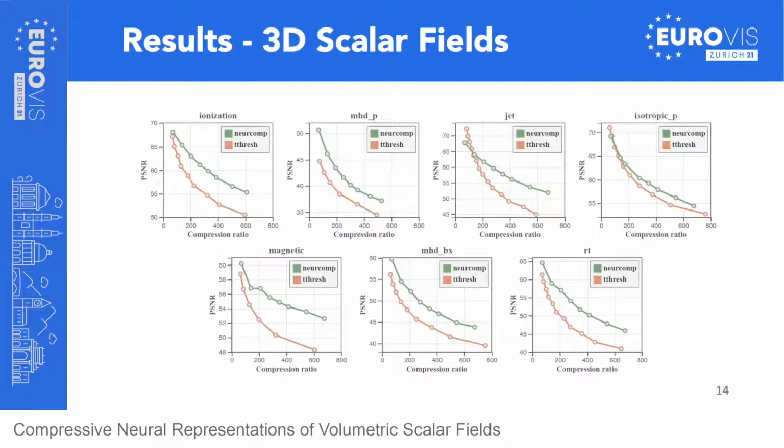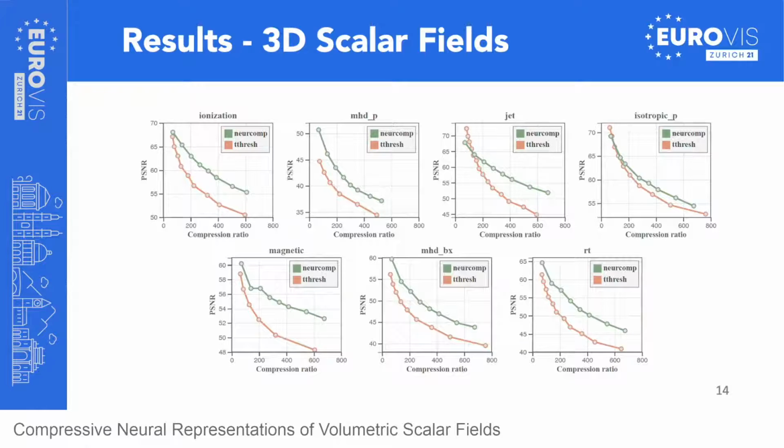First, we show the quantitative results where gradient regularization is not used. Note that as TTHRESH accepts an error tolerance like PSNR rather than compression ratio as input parameter, we run TTHRESH for a sequence of PSNR values such that they give compression ratios that are roughly in the range of what we consider.